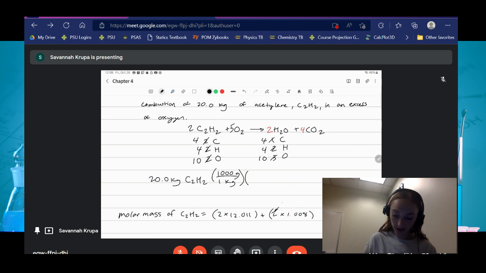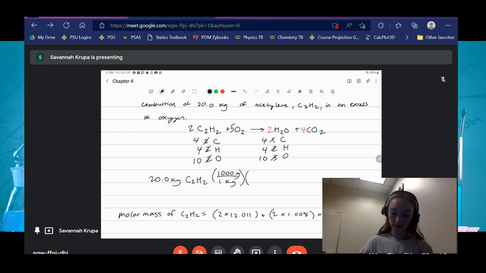Adding that all together, I did the math earlier, so it's quicker to get to, it's 26.038 grams per mole.